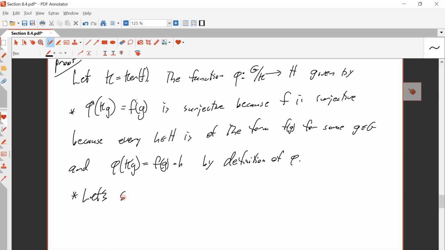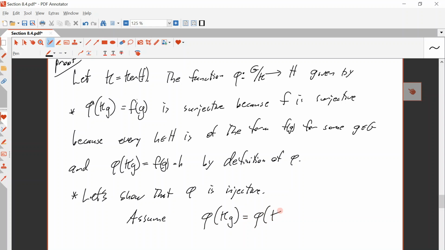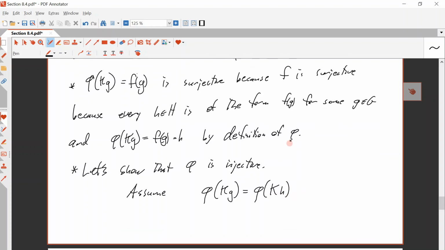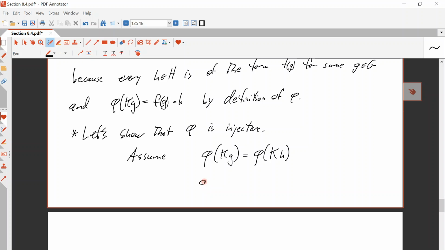So let's show that phi is injective. Assume phi of Kg is equal to phi of Kh. Right, so this means that F of g, phi of Kg is F of g, and phi of Kh is F of h.